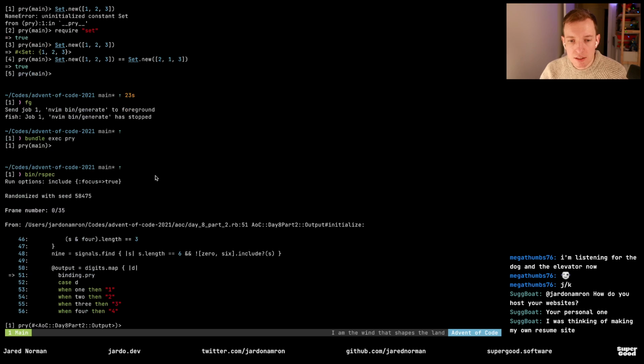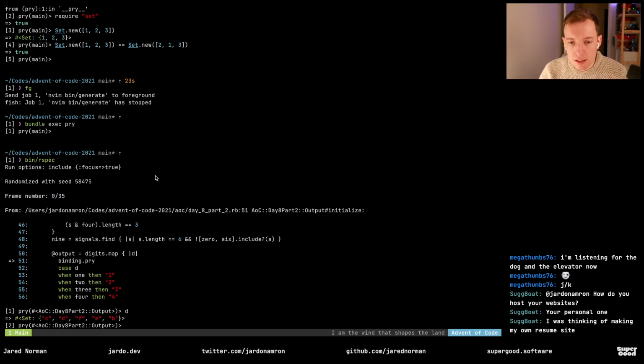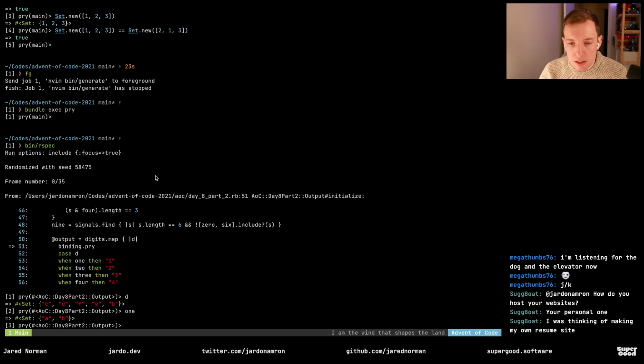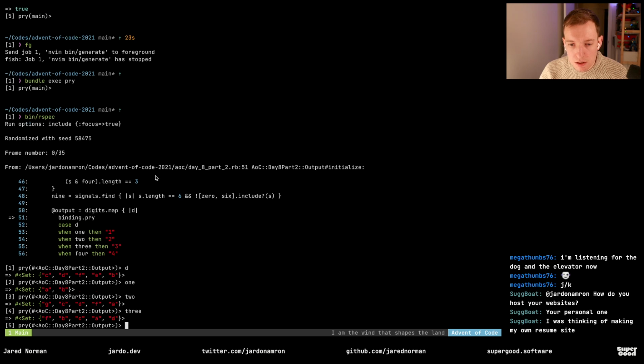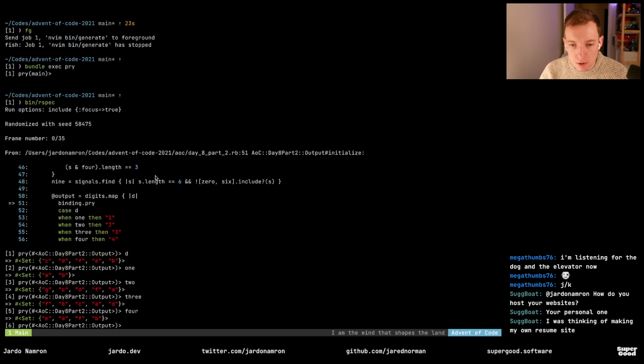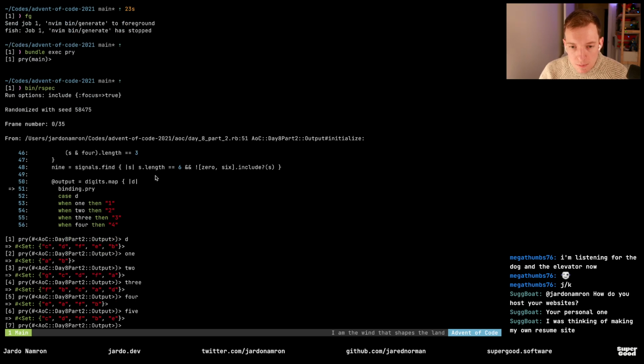All right, let's see what we got in here. D is a set containing CDFAE. 1 is a set containing AB. 2 is a set. 3, 4. So this is going to be that one.